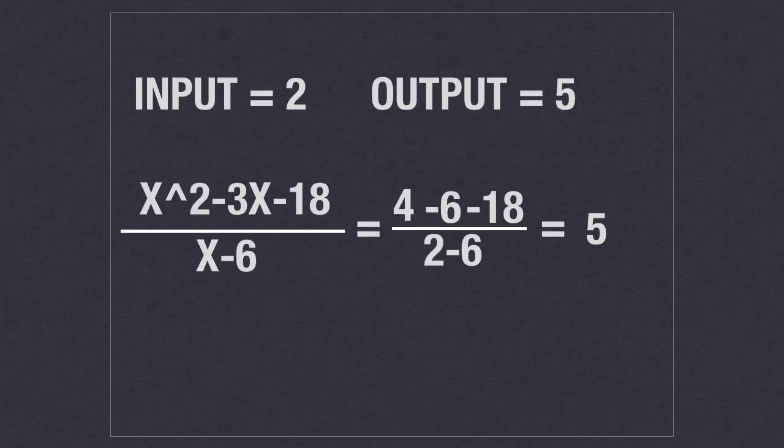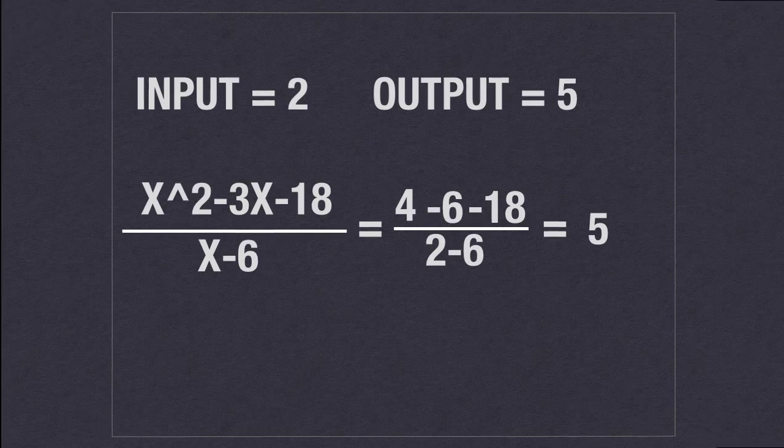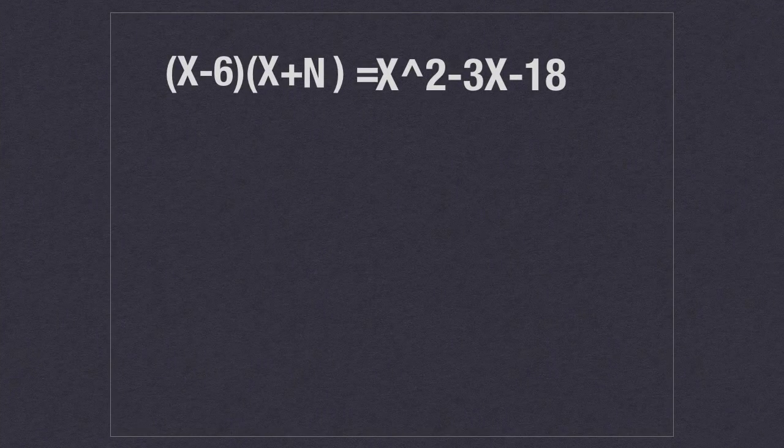Now we know that x minus 6 multiplied by x plus a number equals x squared minus 3x minus 18. So we want to know what the number is. Also, we know that x minus 6 equals minus 4 using the 2 as an input. x plus n equals 5 using 2 as an input. And x squared minus 3x minus 18 equals minus 20 using the 2 as an input.